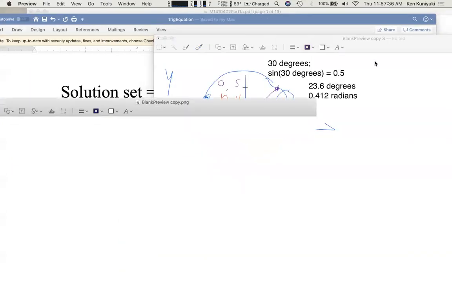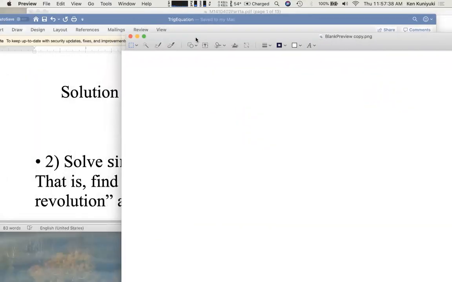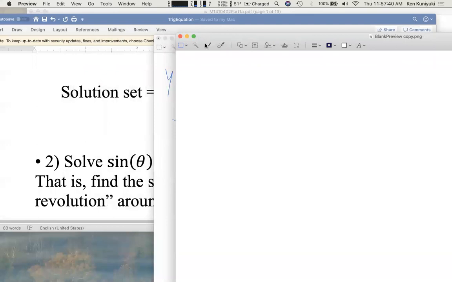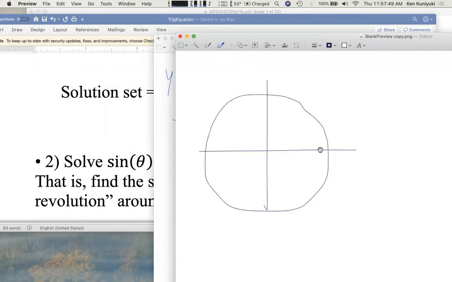Between 0 and 2 pi, this time we're going all around the world once. In terms of looking for solutions, we're going to look around the unit circle, from 0 to 2 pi. What are the solution values for theta we pick up?